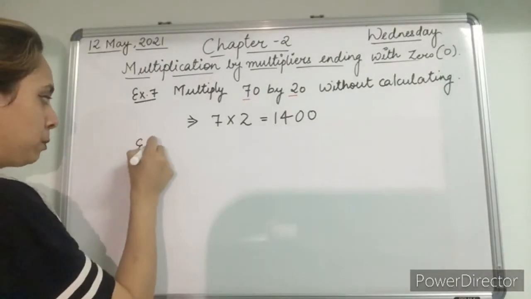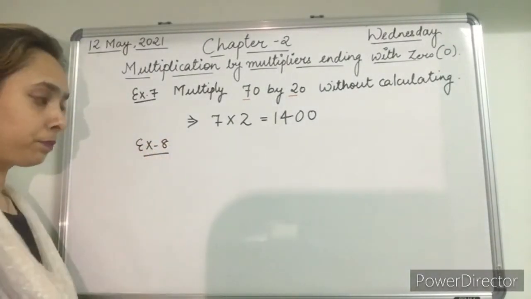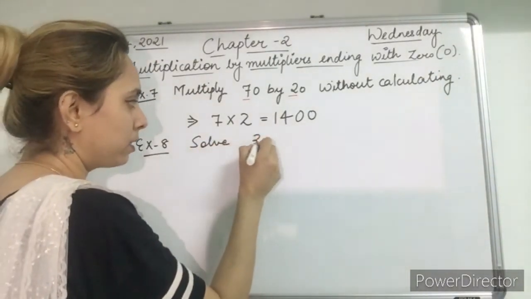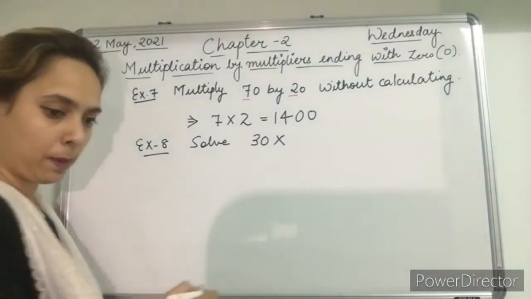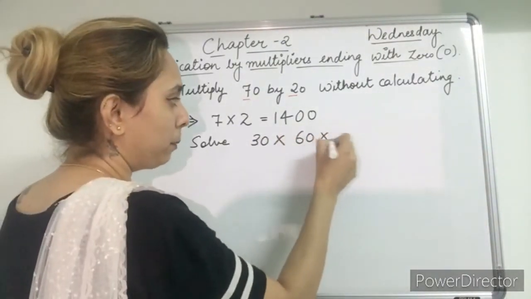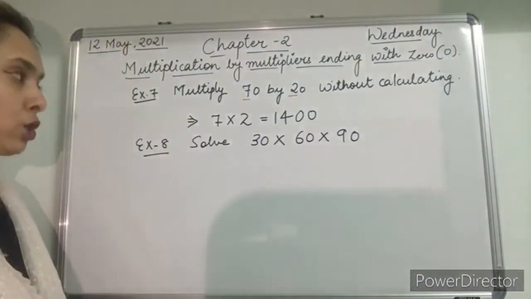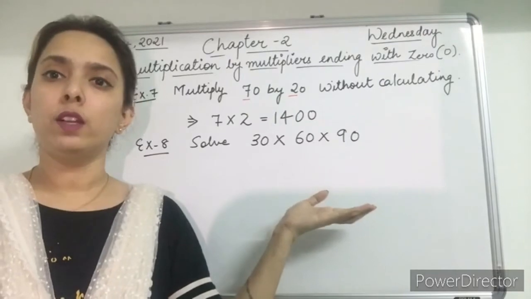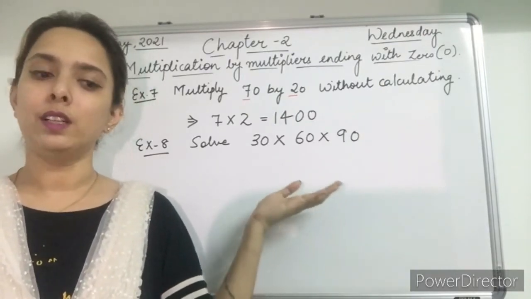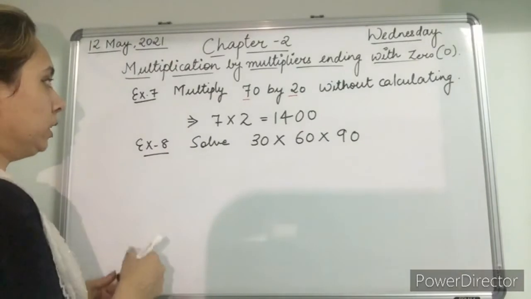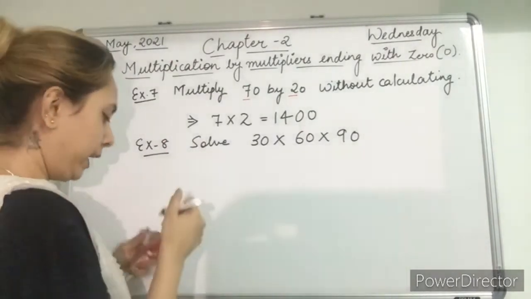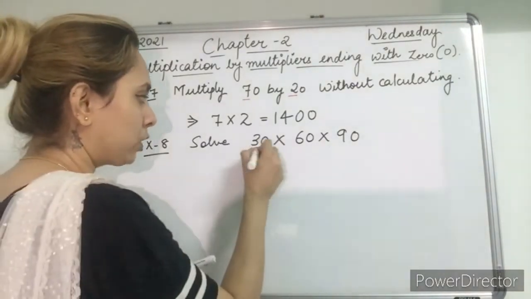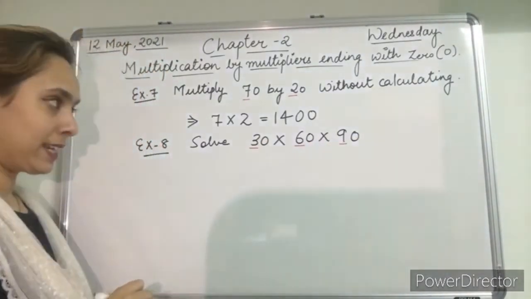I would like to explain one more example which is from your book. The example is 30 multiplied by 60 multiplied by 90. Here we have three numbers. We will multiply using the direct method. Again we see all the non-zero digits, here 3, 6 and 9.